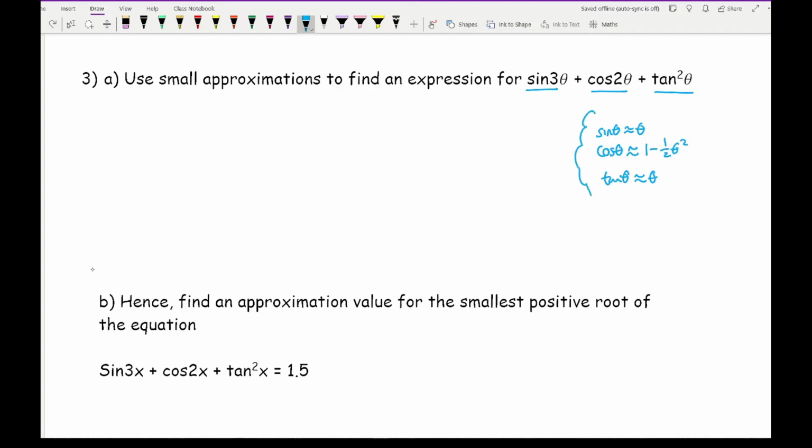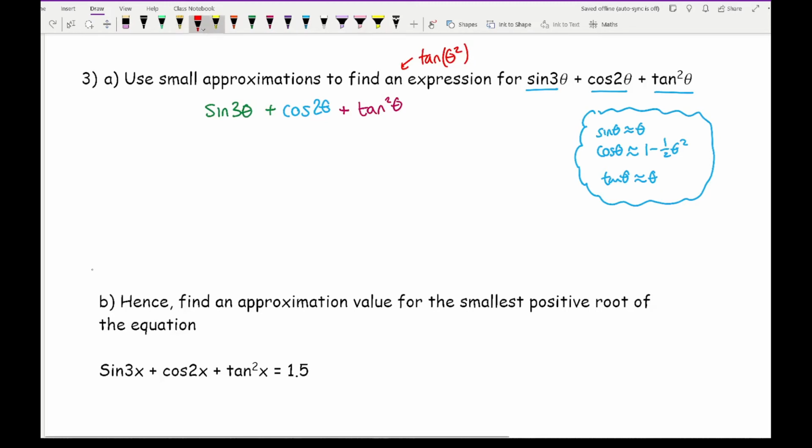Now again, just writing those down in the corner when you're doing these will help you remember them a little bit clearer. So again, I've got sin 3 theta plus cos 2 theta plus tan squared theta. Now tan squared theta is also basically tan theta squared.